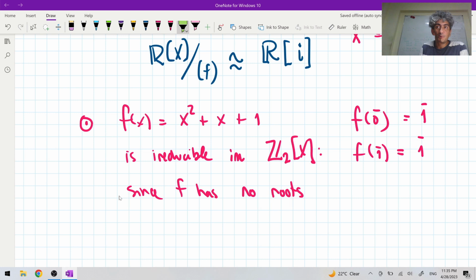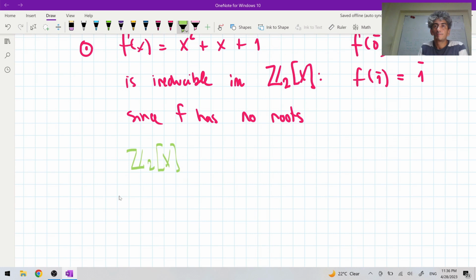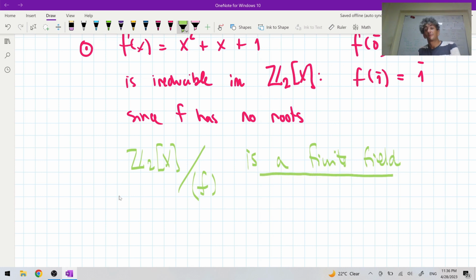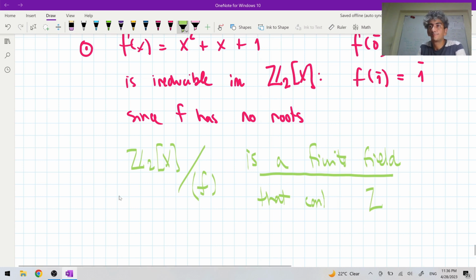And now you just take the quotient and this ends up being a finite field that contains Z_2 and a root for f.